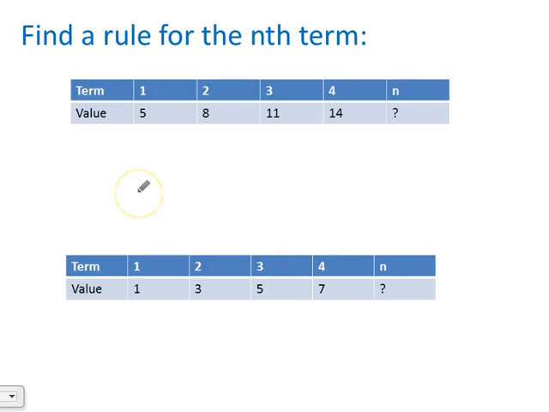So let's take this a step further and see if we can find a pattern between each term and the value it gives us to come up with a rule that relates the term to the value. So again, we're trying to come up with a rule, which is going to be an equation, that relates the term to our value.